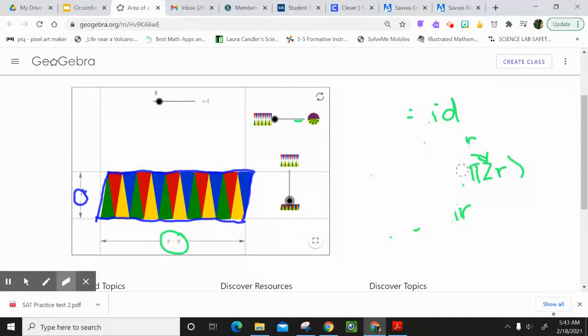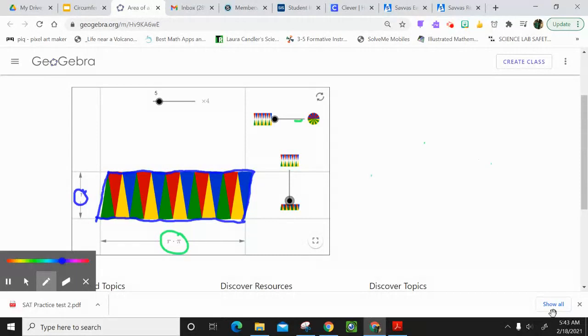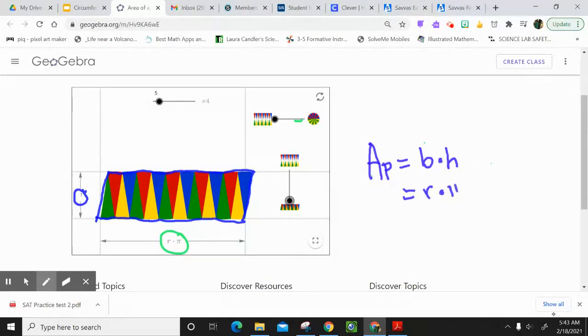The area of a parallelogram is equal to base times height. So this parallelogram is telling me the base is r times pi and the height is r.